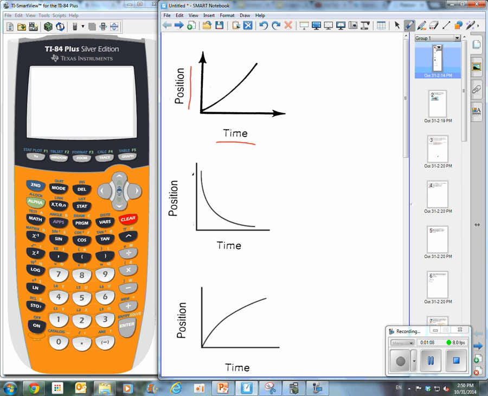So when I look at this first graph here, the object is moving farther and farther away as the time goes on. So we know that this is moving farther away from whatever reference point happens to be at the origin. I would look at this curve and I can see that it is curved upwards, so I would see that this is an exponential relationship. And that would make sense to me because my position is going to be in meters.